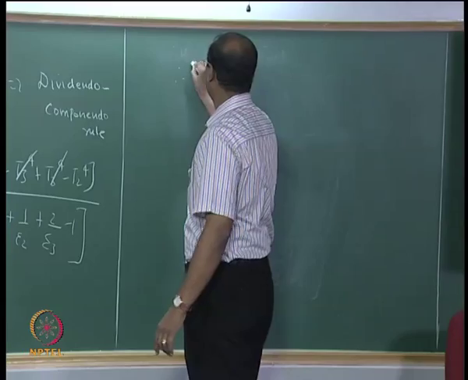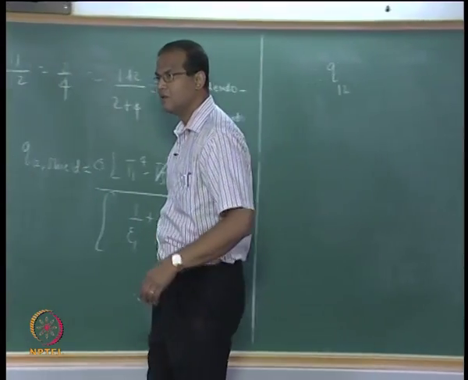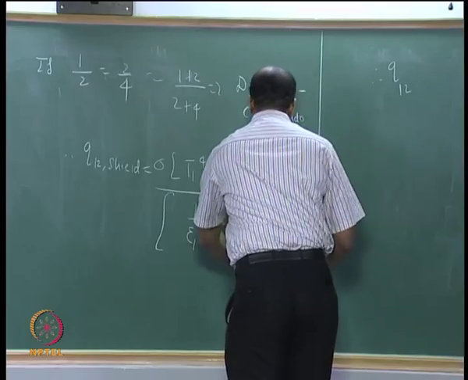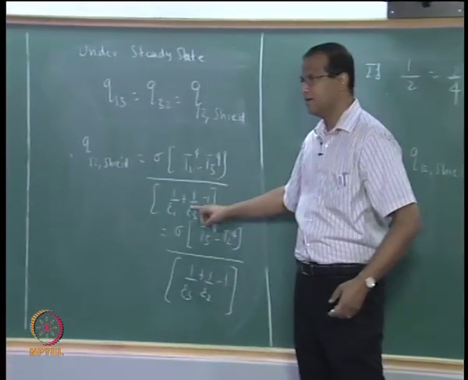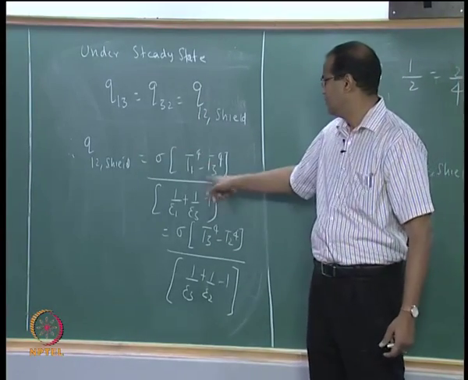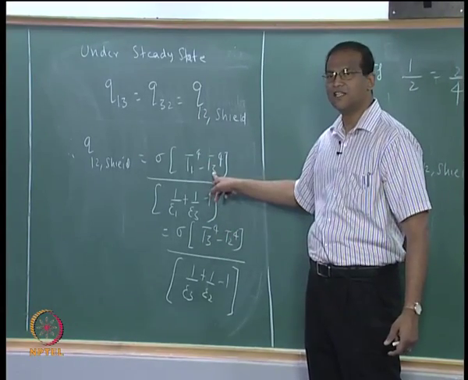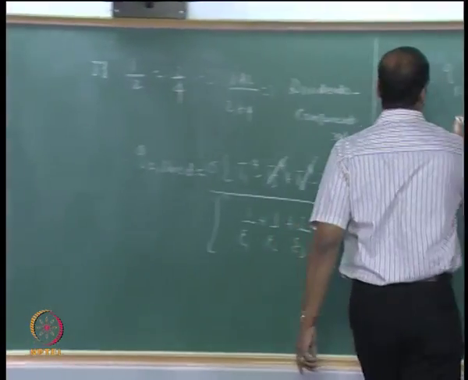Therefore, is this clear? There should be a -2 there. What I did was I added the numerator and denominator separately, and I am declaring that it is the same Q12 shield. Fortunately for us, there is a minus T3 to the power of 4 here, there is a plus T3, so they get cancelled.